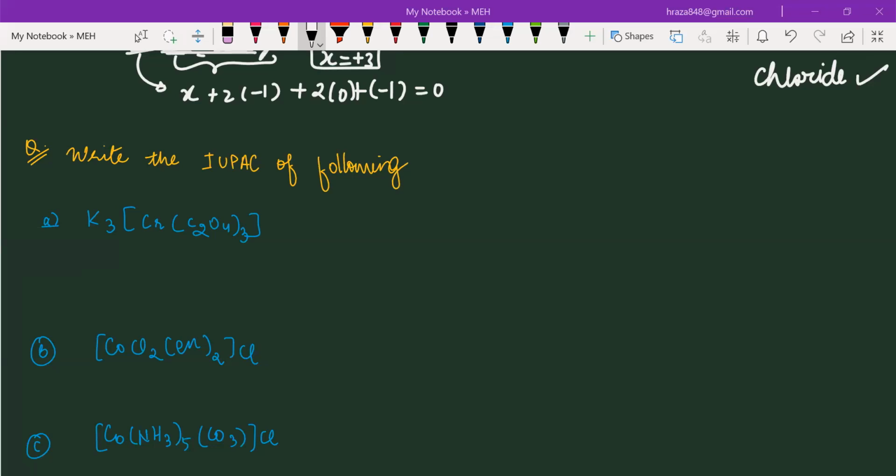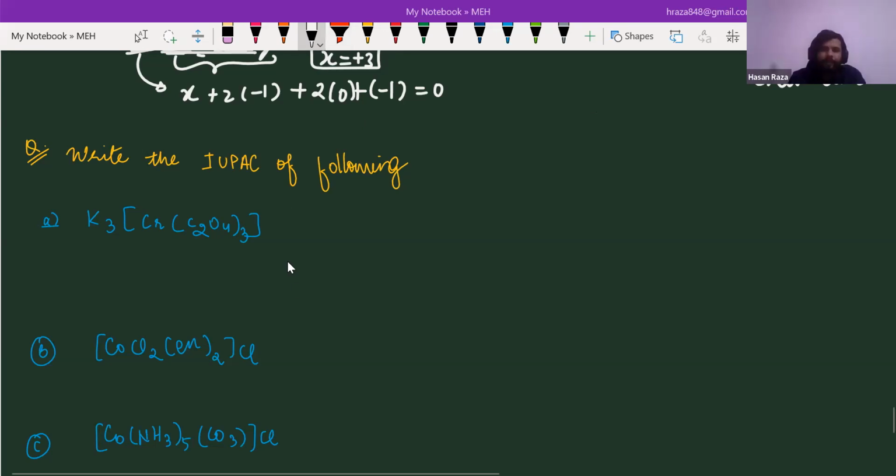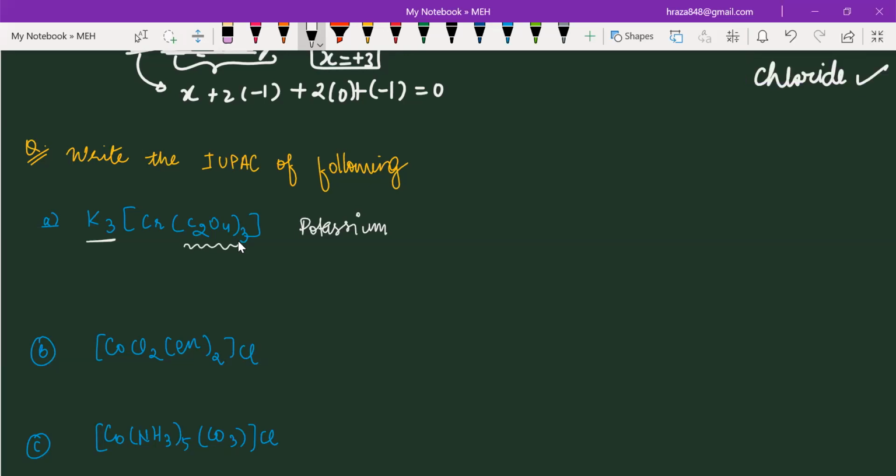So the first one is potassium. You wrote potassium correctly. After this, you need to write the name of the ligand. Only one ligand is there. What is the name of the ligand? Trioxalato.